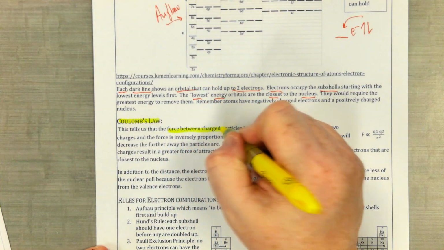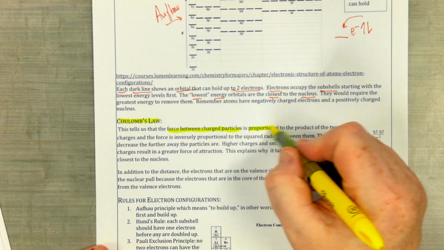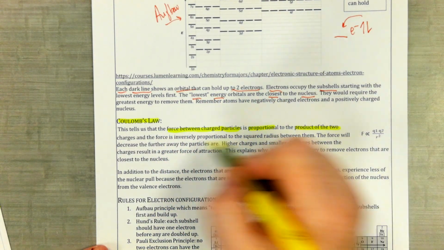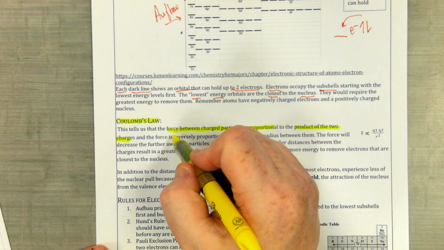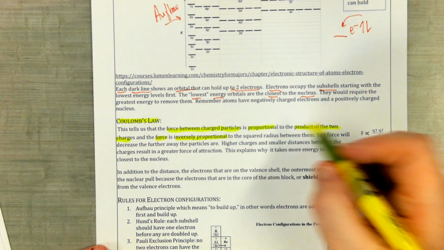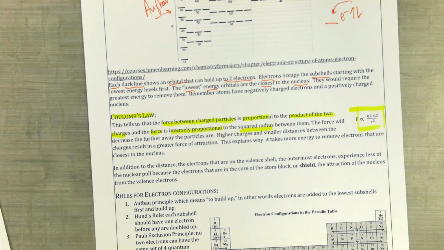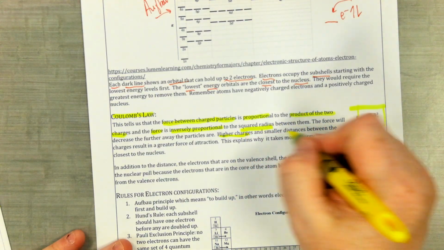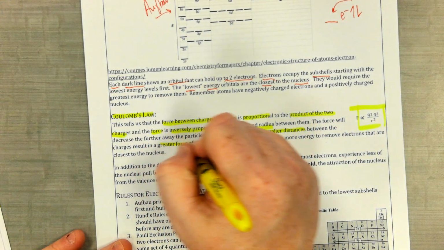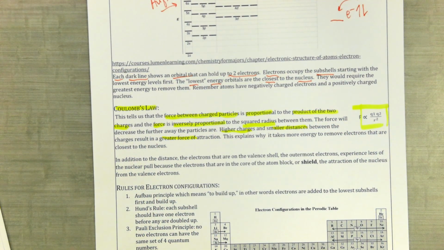It's the force between the charged particles, and that's proportional to the product of the 2 charges. But then the force is inversely proportional to the squared radius. And here's your formula again. Okay? So, the higher the charge, smaller the distance, greater the force. That's why it takes more energy to remove electrons that are closest.